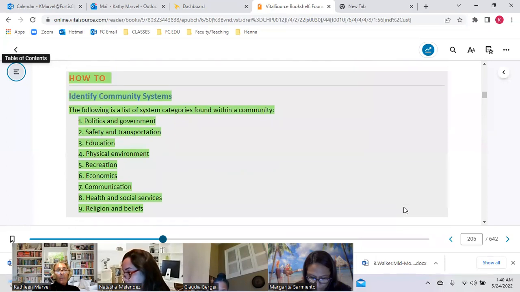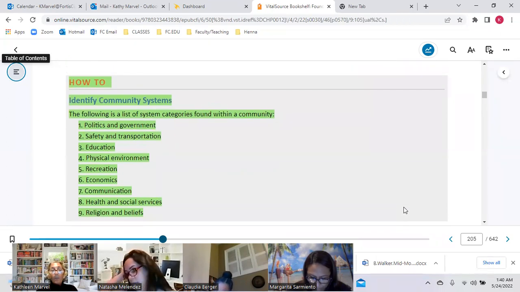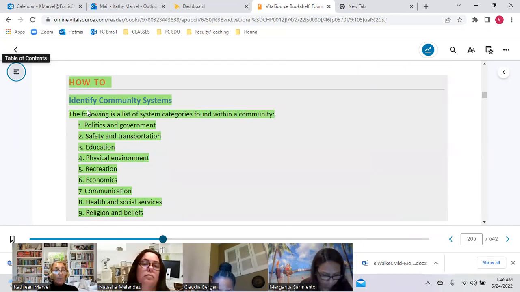This is important too, on page 205: identify community systems. There are 9 listed here. The list is the system categories found within a community. That's the fancy way of saying every community is made up of at least these 9 things. It looks different in every community depending on the priorities. But if you get a question that asks which of the following are common categories found within each community, the correct answers are any of these 9.